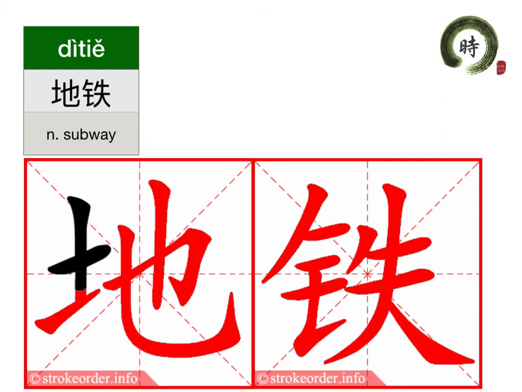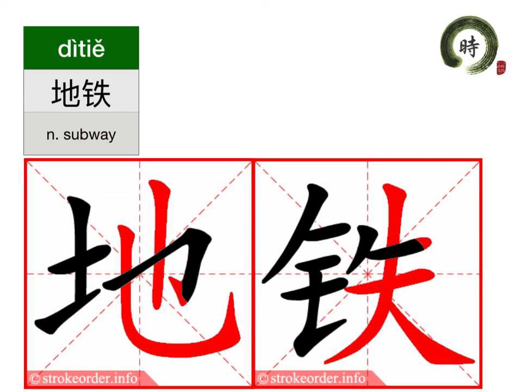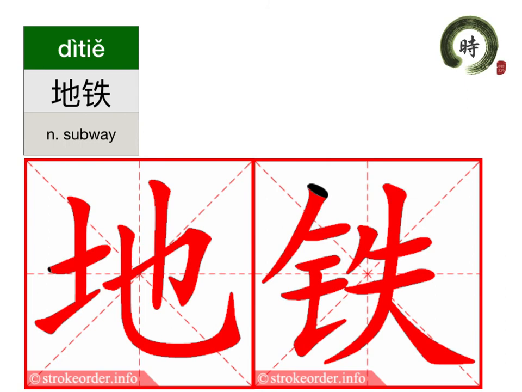So this is 地. We have the radical 土字旁 and the character 也. And this is 铁. We have the radical 金字旁 and the character 失. So both of these two words are composed of two parts, the left and the right. Now could you please write down 地铁?